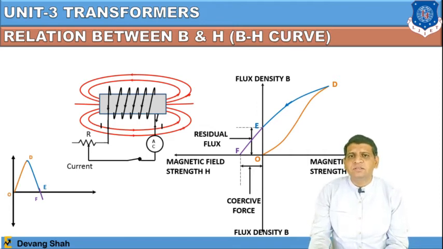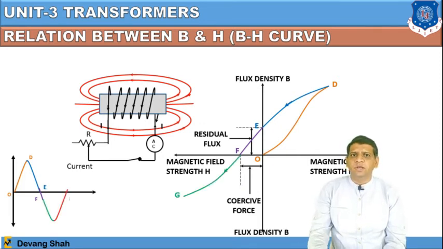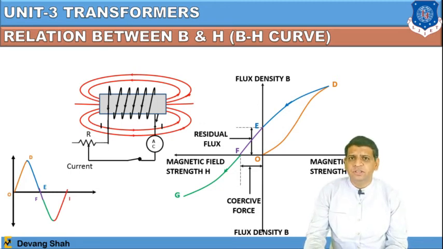Further, I am going to increase the magnetic field strength in a negative direction. Again, the flux density will be developed in a negative direction and it will reach the maximum level. So you can see from F to G, at particular point G the flux density becomes saturated, where even if you further increase the value of magnetic field strength in the reverse, negative direction, still there is no change in the flux density, right?